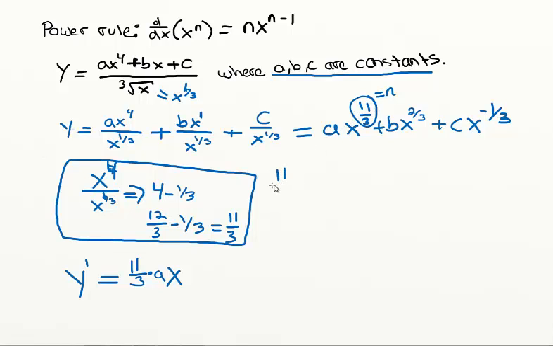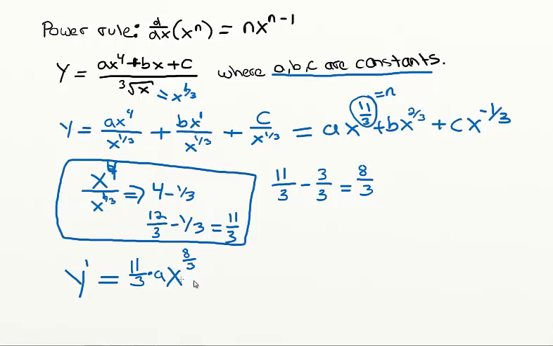So 11 over 3 minus 3 over 3, because 3 over 3 is 1, is going to be 8 over 3. So now we're going to put that up top in our exponent, because that is our n minus 1.